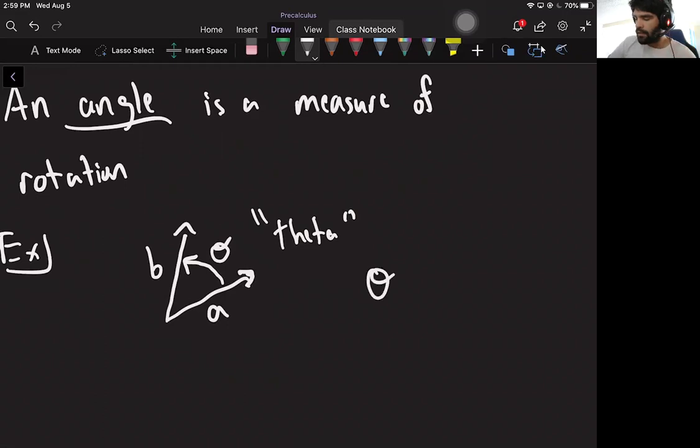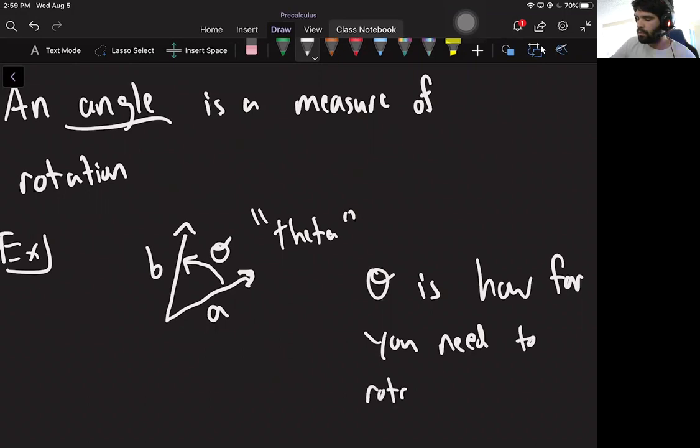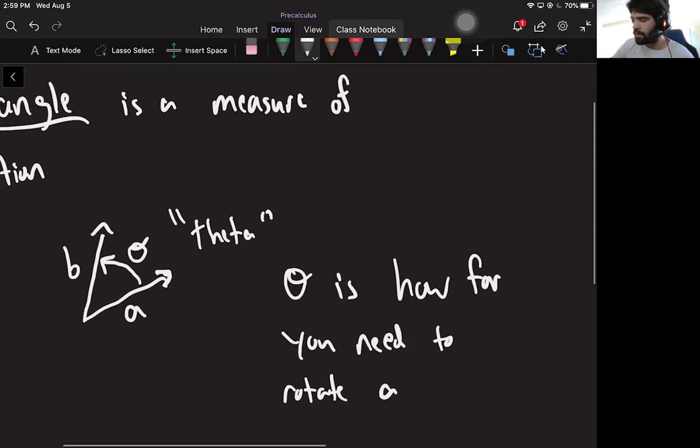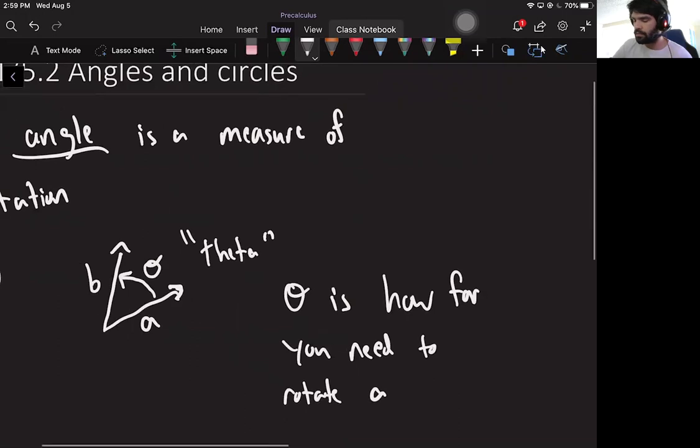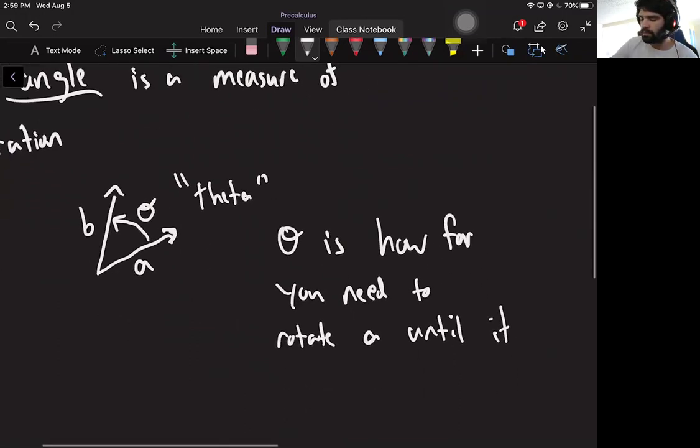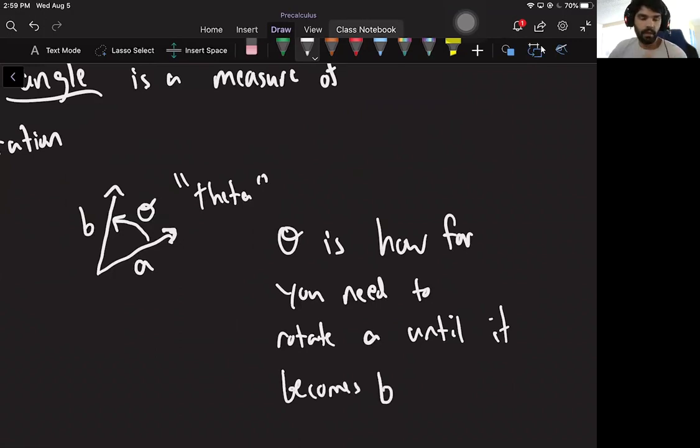And the idea is that theta is, like what I just said, how far you need to rotate A until it becomes B. So that's what an angle is.